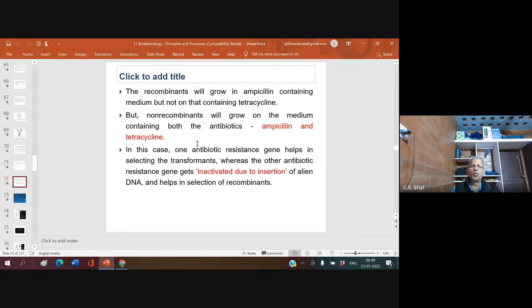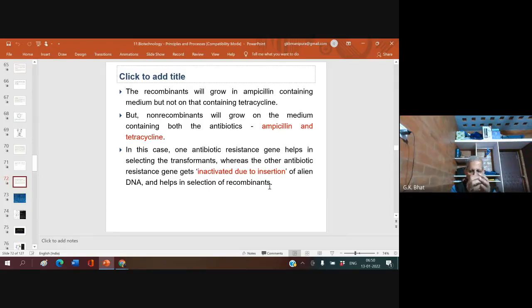In this case, one antibiotic resistance gene helps in selecting the transformant, whereas the other antibiotic resistance gene gets inactivated due to insertion of alien DNA, which helps in selection of recombinants.